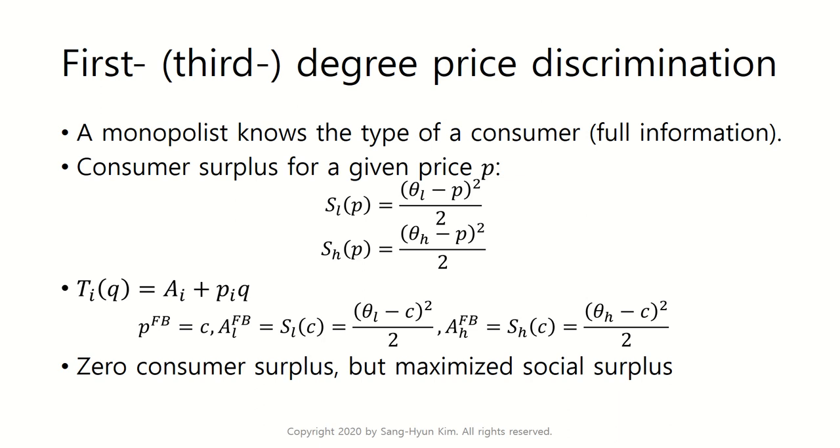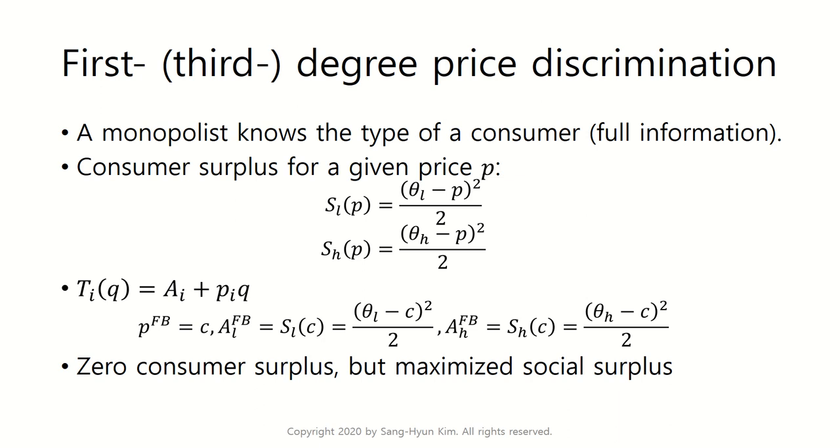So the first best price for the type I consumer is AI plus PI times Q. AI is the fixed fee that a consumer must pay just to participate in this deal, and PI is the unit price. So TI is the sum of a fixed price and a marginal, or variable, price.